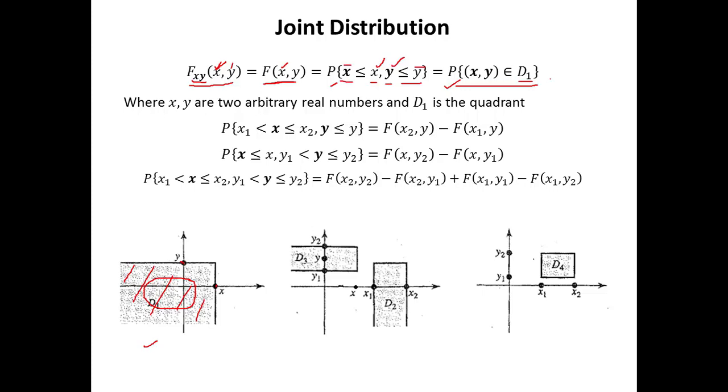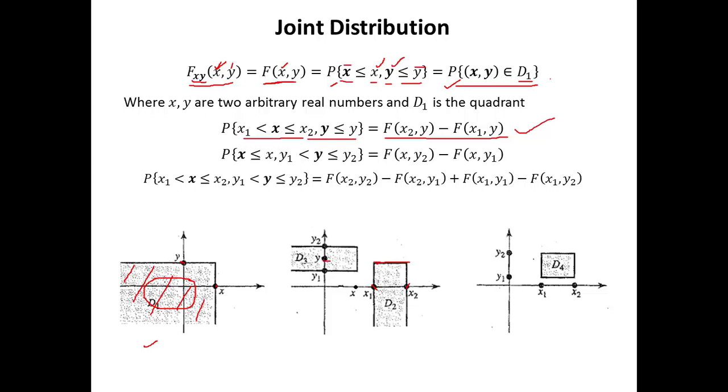Consider the second scenario, where we need to find the probability that random variable X takes values between x1 and x2 and random variable Y is less than or equal to y. This probability is written in terms of the CDF as F(x2, y) minus F(x1, y). This we have already discussed. The actual meaning of this is: F(x2, y) means, let us say this is the value of y, x2 is this value, x1 is this value.